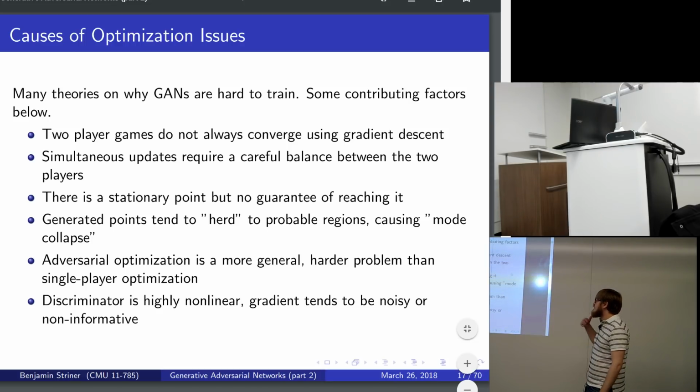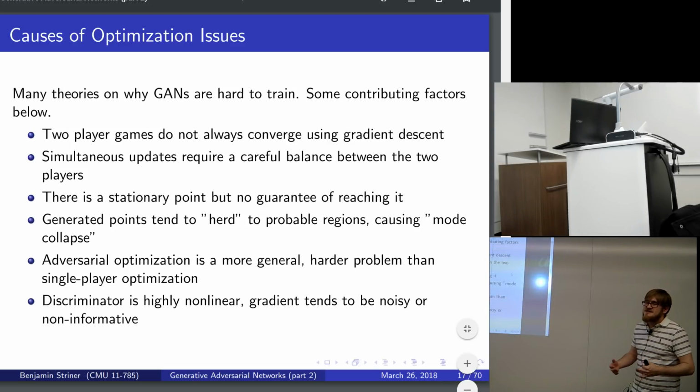In general, the adversarial problem is much harder than single-player optimization. It's the more general case. You can think of everything in terms of n-player optimization, and what you've done before as n being 1. Also, the discriminator is highly nonlinear. The gradient is very noisy. It might be non-informative.